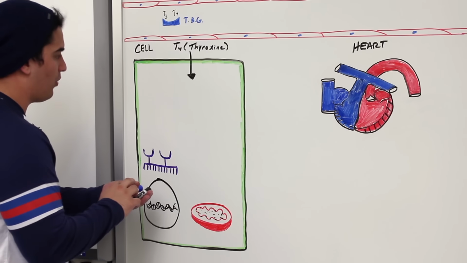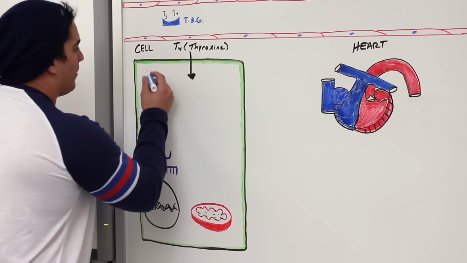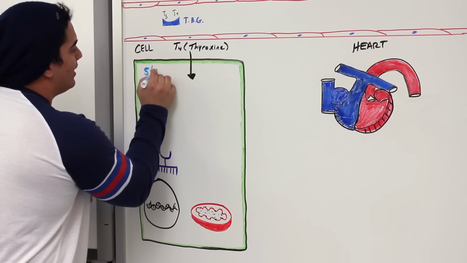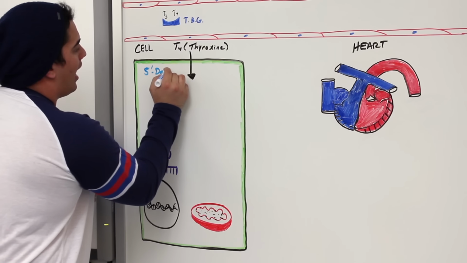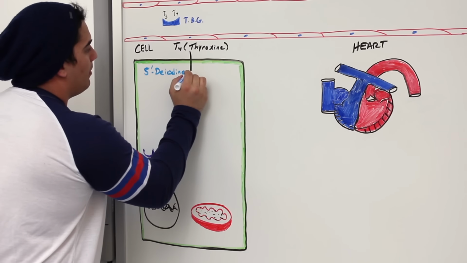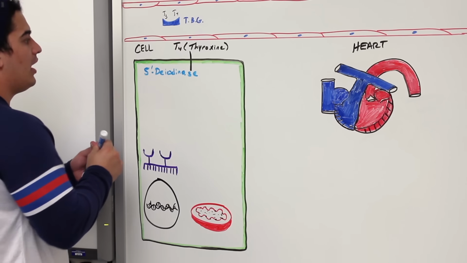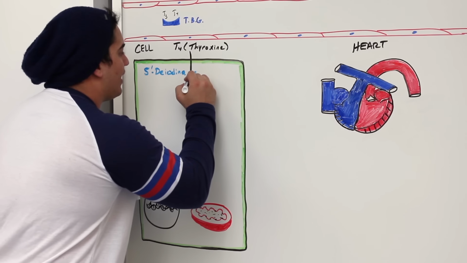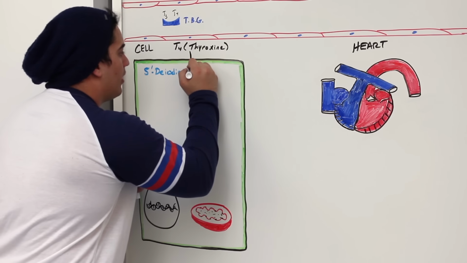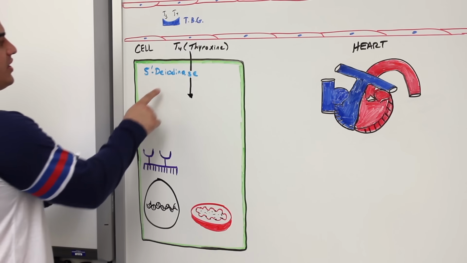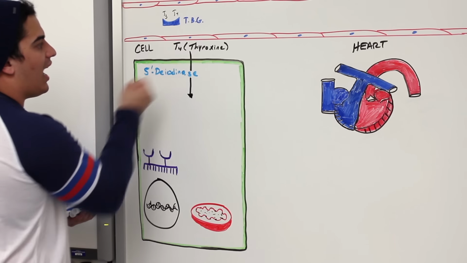One of these enzymes that works specifically here is called 5'-deiodinase. And what is this enzyme doing? It's removing an iodine off of the thyroxine, specifically on the 5' carbon. So this enzyme is removing a specific iodine residue.